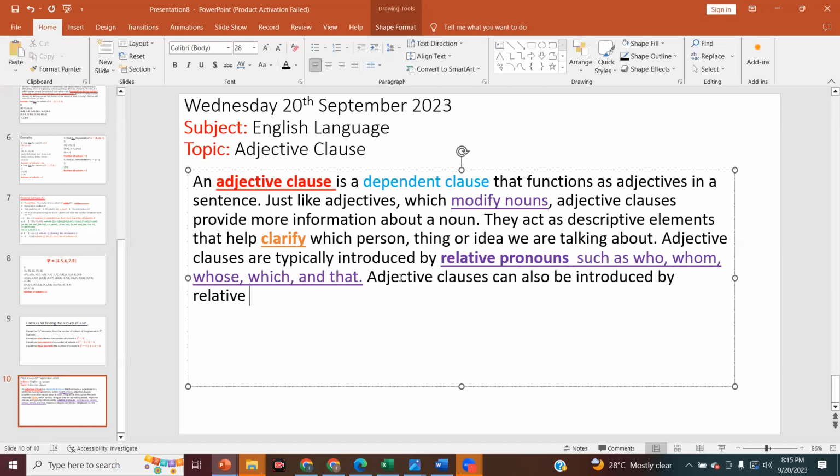Now, does anyone know what we mean by relative adverbs? Anyone? What are relative adverbs? Give me an example of relative adverbs.